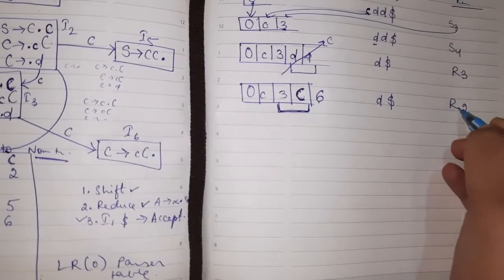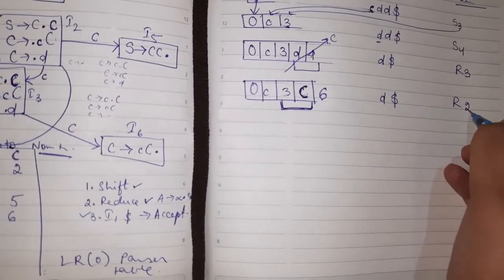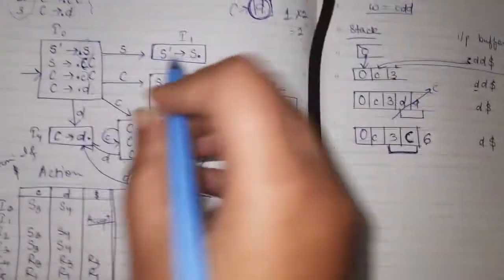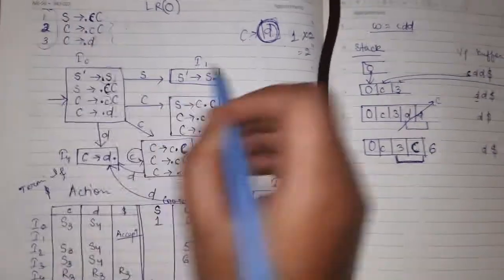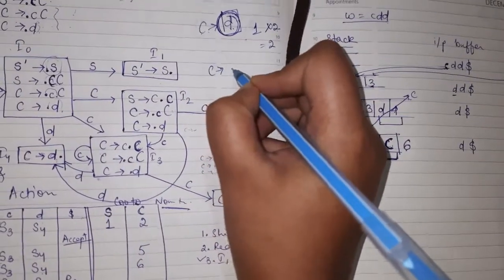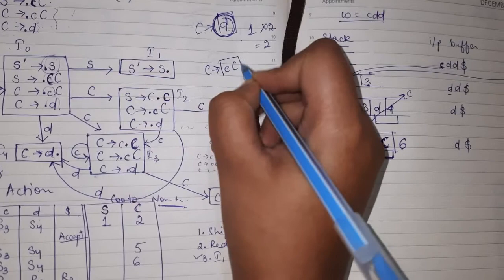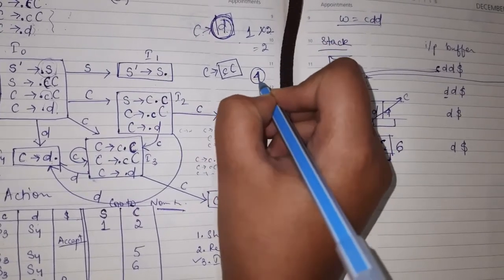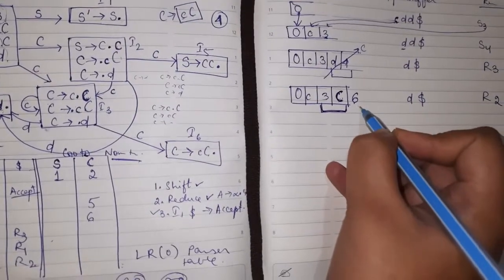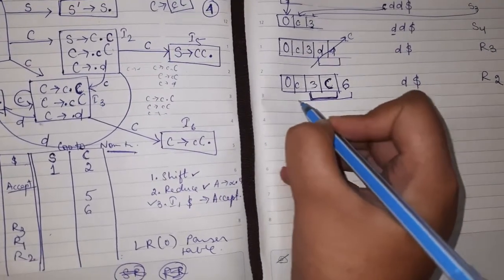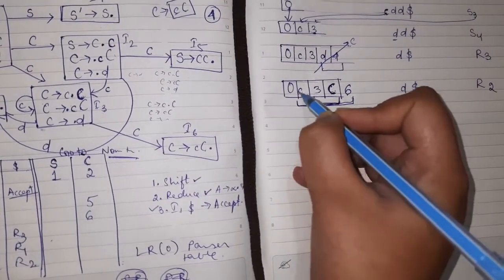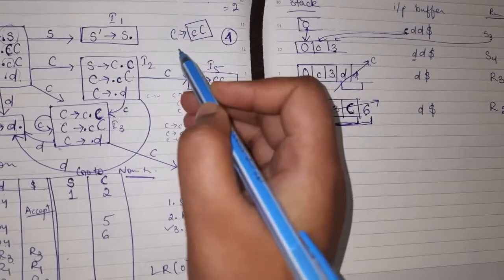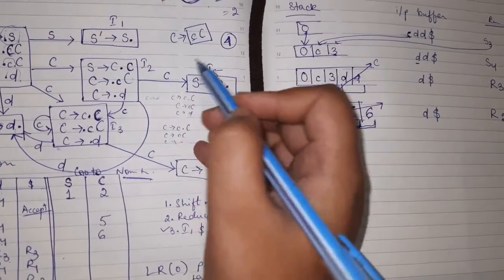Between 6 and D is R2. It is R2, means production 2, C derives CC, twice the length of RHS, that is 4. 2 into 2, 4. 4 elements need to be removed from the stack, and the LHS will be pushed.